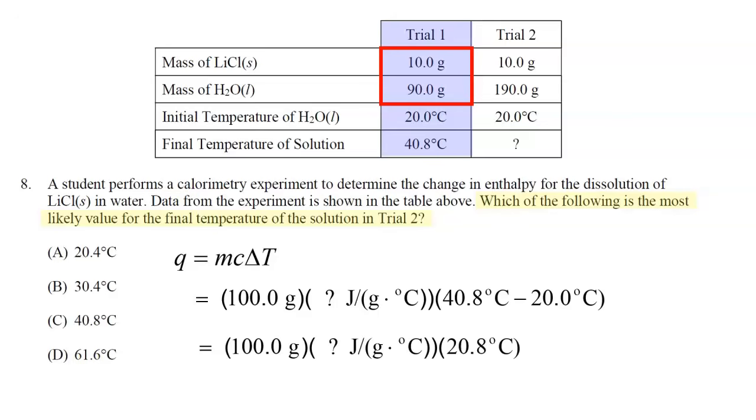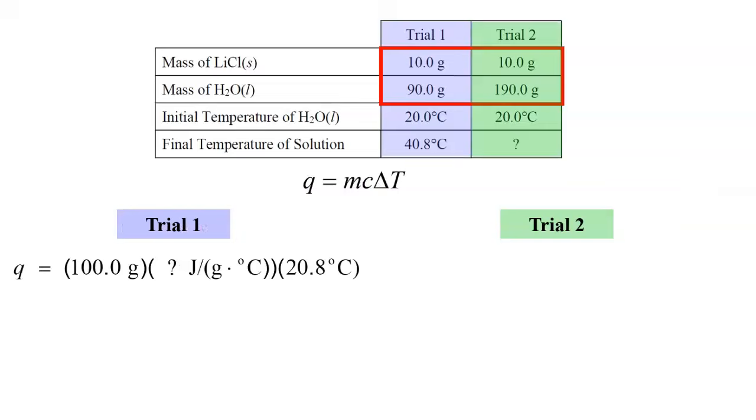That's a difference of 20.8 degrees Celsius. Now I can't pick up my calculator and do 100 times a number I don't know, and then times 20.8, but let's go ahead and process the information that we're given for trial 2 and compare that to the information we're given for trial 1. So for trial 1, we have 100 grams of solution, and we have a change in temperature of 20.8 degrees Celsius.